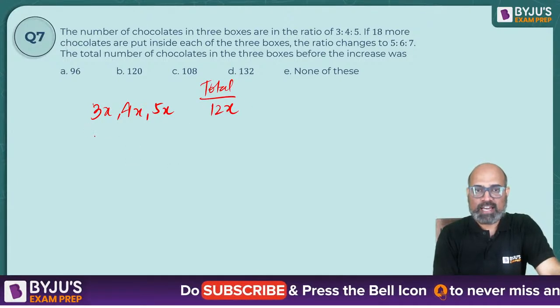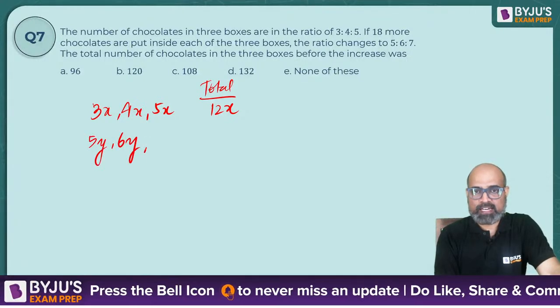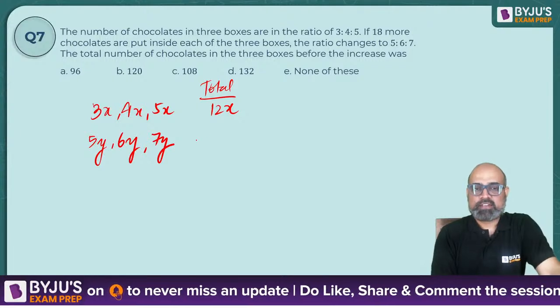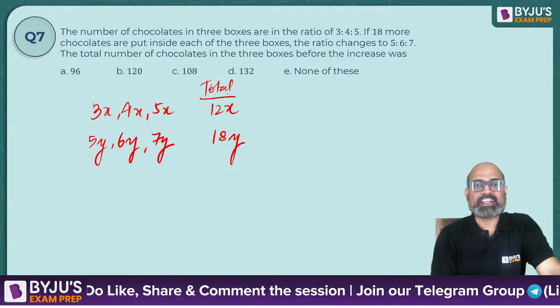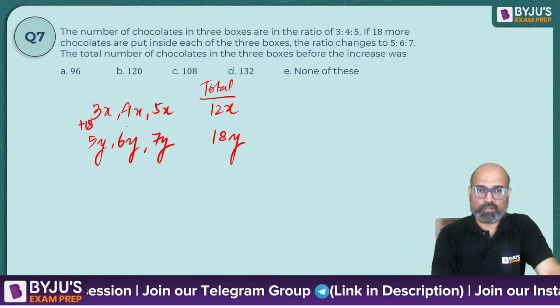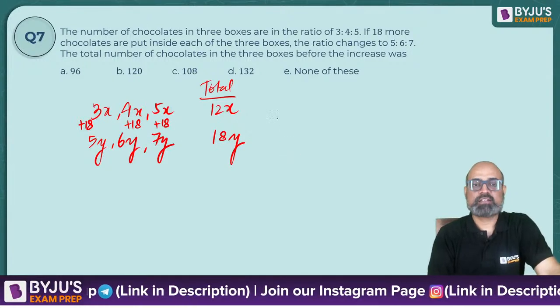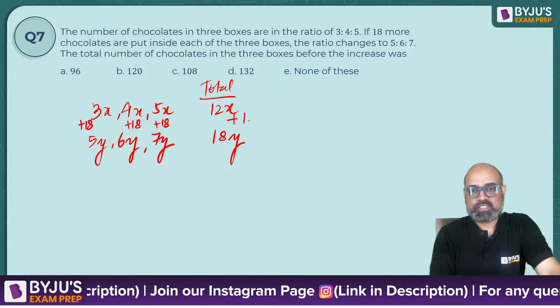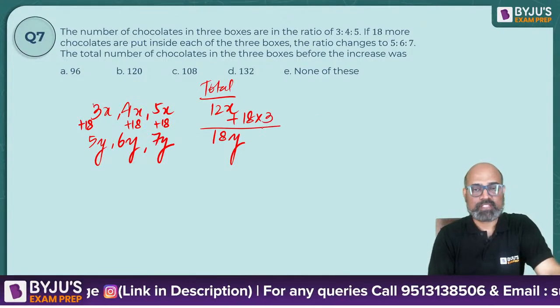And then we have 5y, 6y, and 7y, which is nothing but 18y. When 18 more chocolates are put in each of the 3 boxes, right? 18, 18, 18 तीनों में put करा है ना? So 18 into 3 इतना ऐड करा, तब जाके ये हो गया.